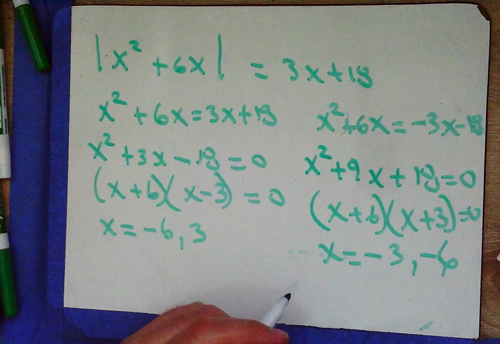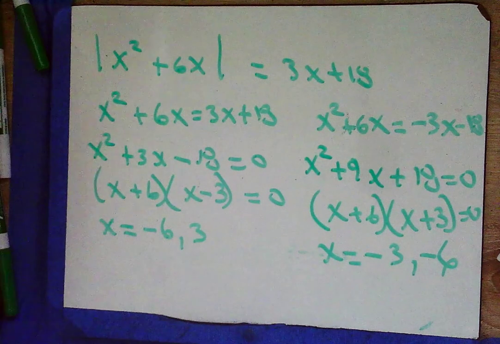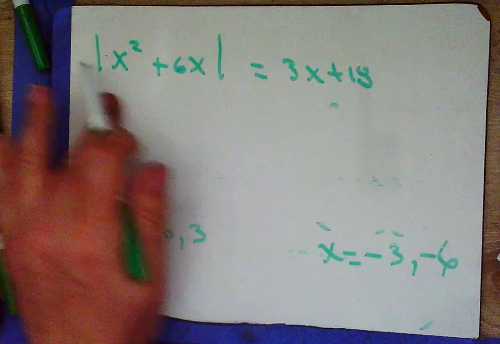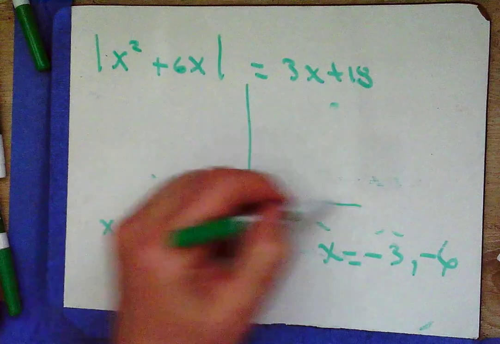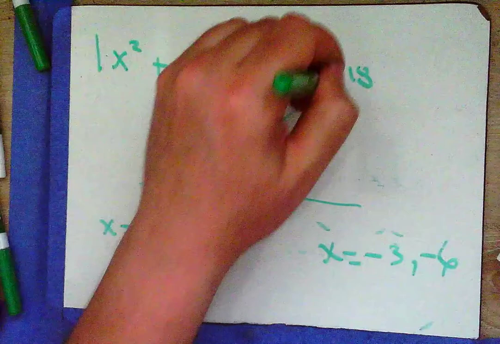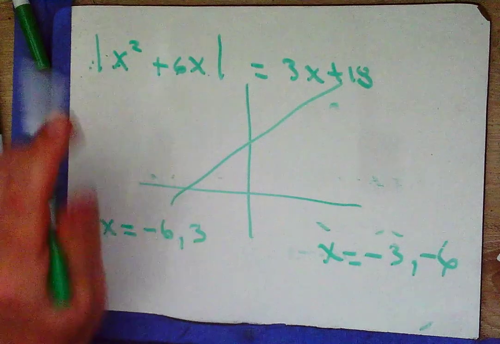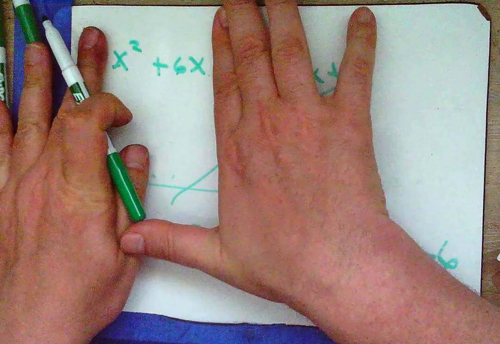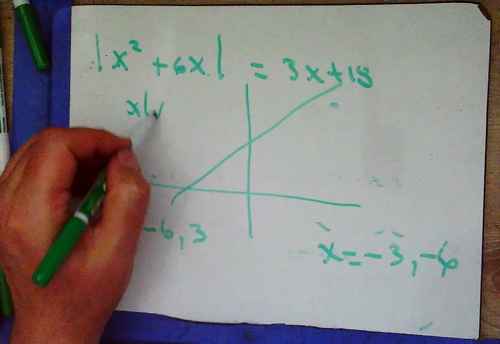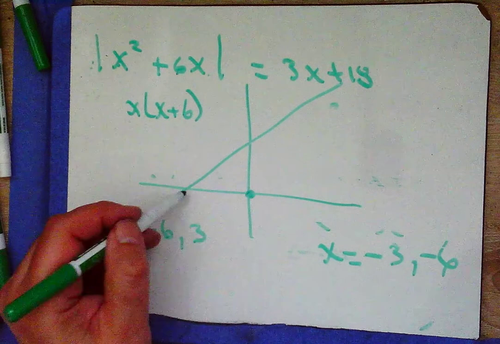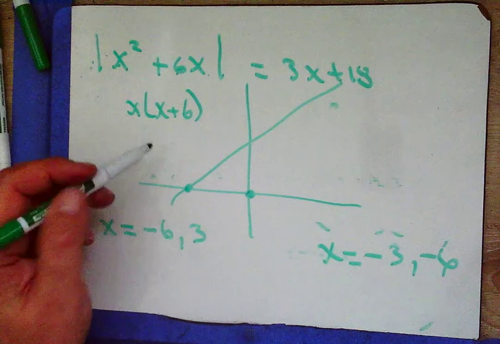Do you think there are 3 solutions? Well, let's think about this problem graphically. This is a linear equation with a positive slope and a positive y-intercept. This is a parabola inside an absolute value. Now, if it wasn't inside, it would have x-intercepts at 0 and at negative 6.